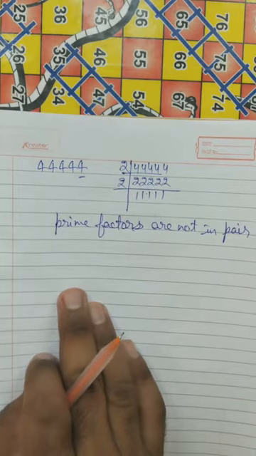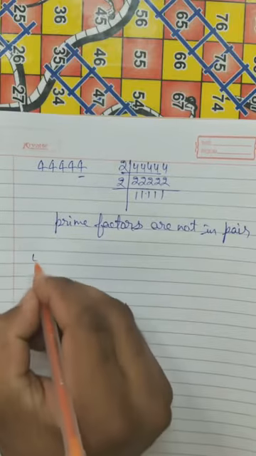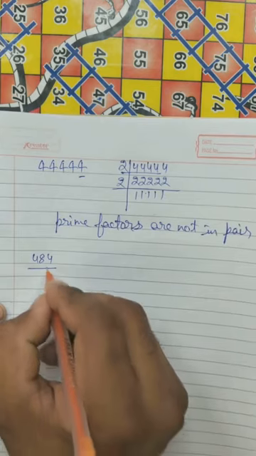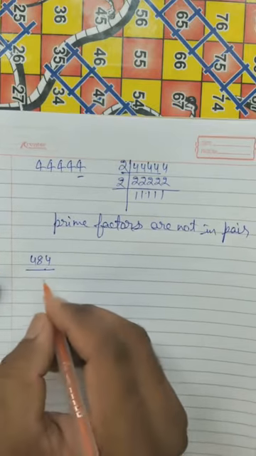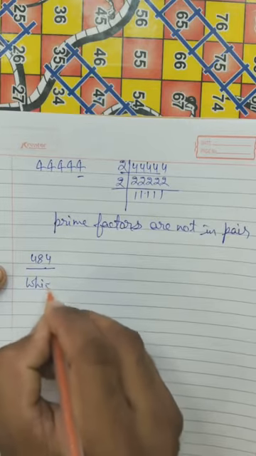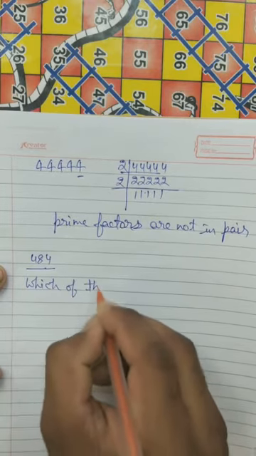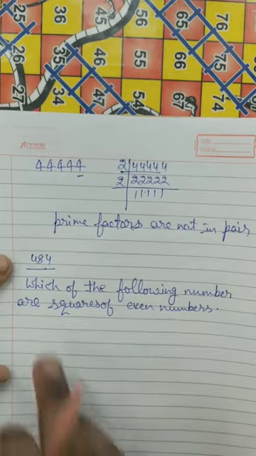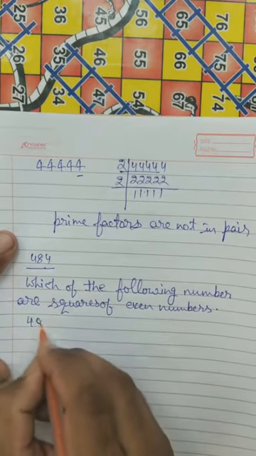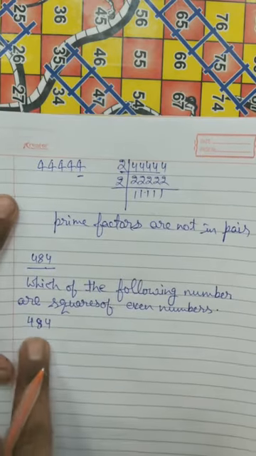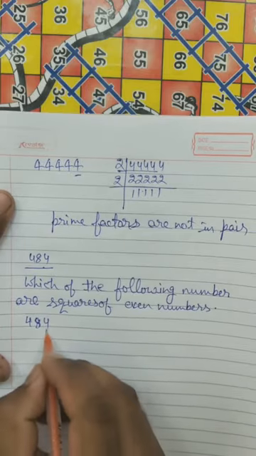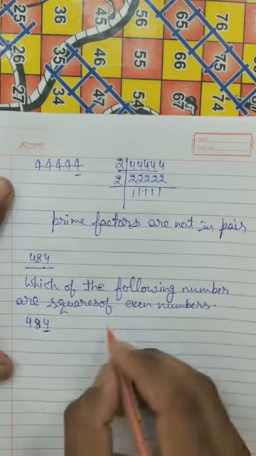So for the 16th question, 484 is given, and we need to say whether this is a square number. Let me write the statement of 16, which of the following. We need to tell whether 484 is a square of an even number or an odd number. As it is even, it will be the square of an even number.